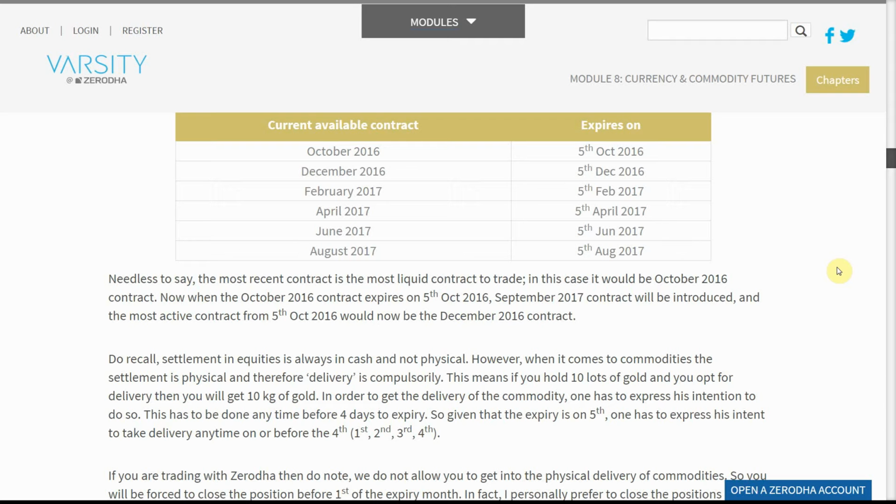Needless to say, the most recent contract is the most liquid contract to trade. In this case it would be the October 2016 contract. Now, when the October 2016 contract expires on the 5th of October 2016, the October 2017 contract will be introduced. And the most active contract from the 5th of October 2016 would now be the December 2016 contract.